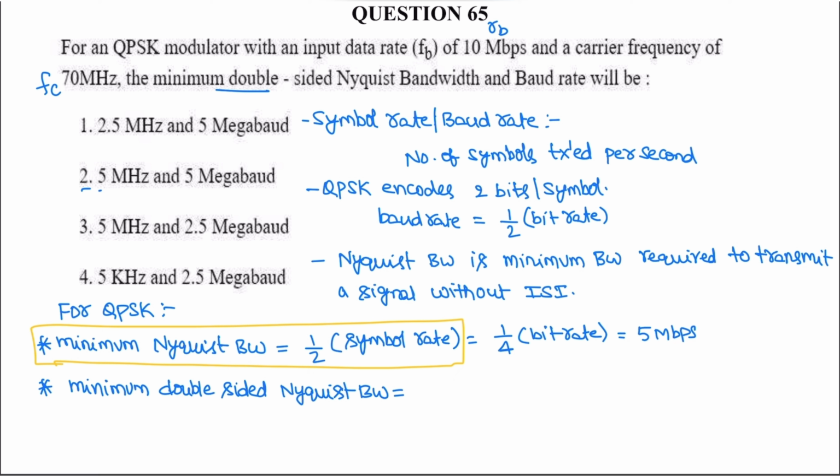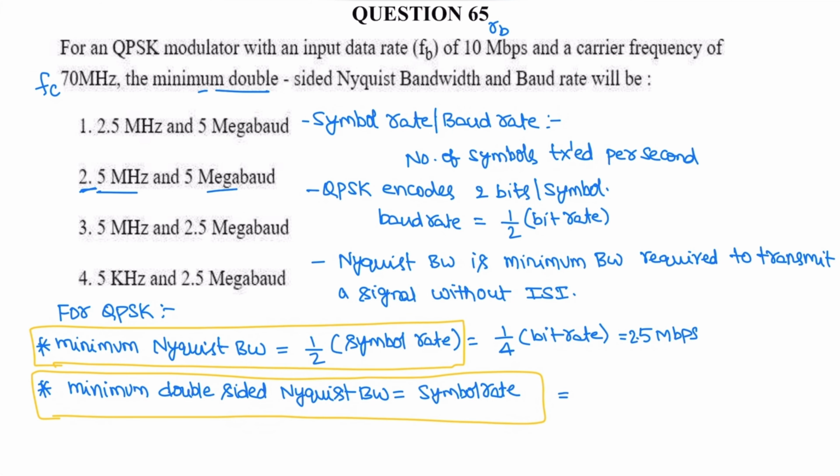Next, the minimum double-sided Nyquist bandwidth is equal to the symbol rate. Here the unit is not Mbps, it is hertz, so megahertz.